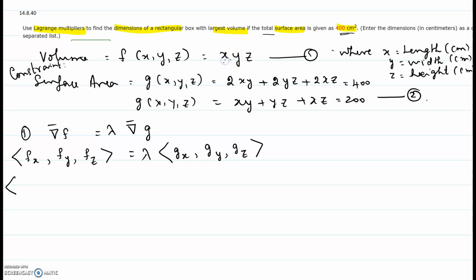So if you differentiate the volume function with respect to x, that will be yz. Then this will be xz, fy. Fz would be xy, equal to lambda times gx. So this is our g function. You're differentiating with respect to x. That will be y plus z. Gy would be with respect to y, so x plus z. With respect to z, that will be x plus y.